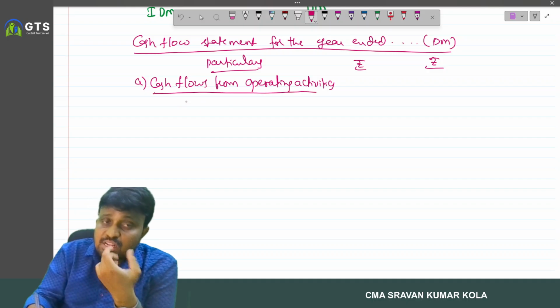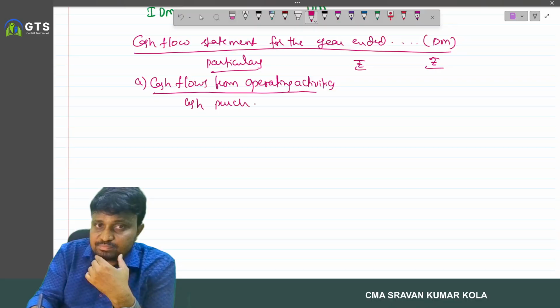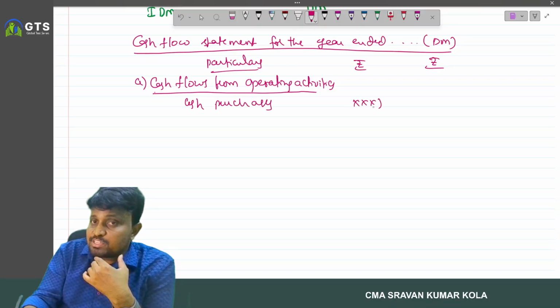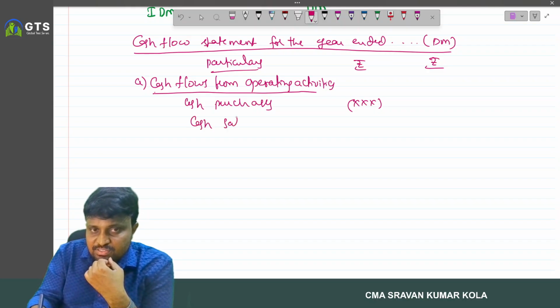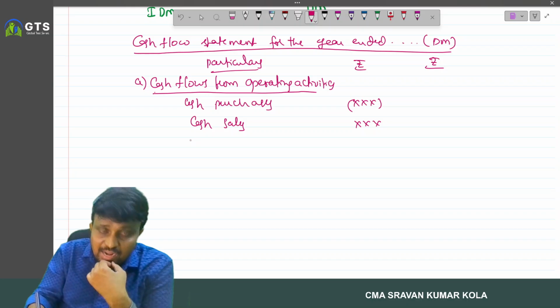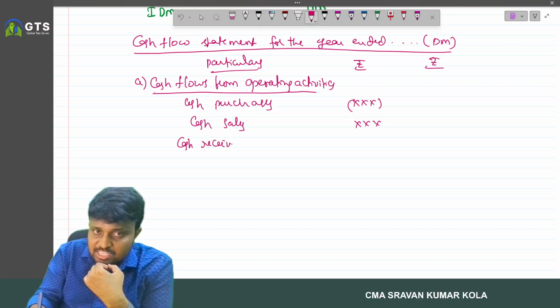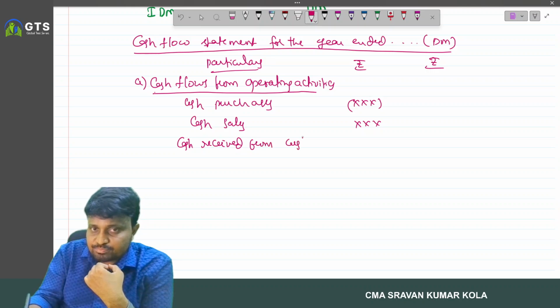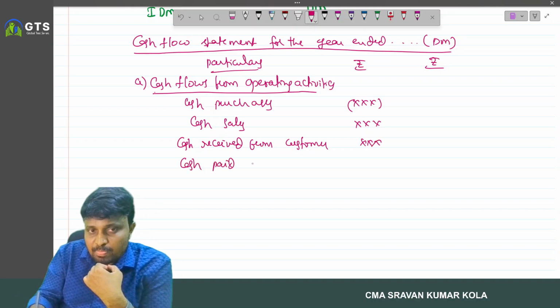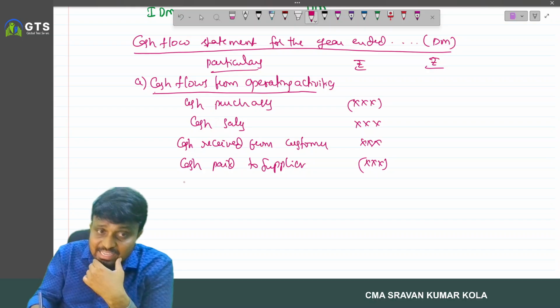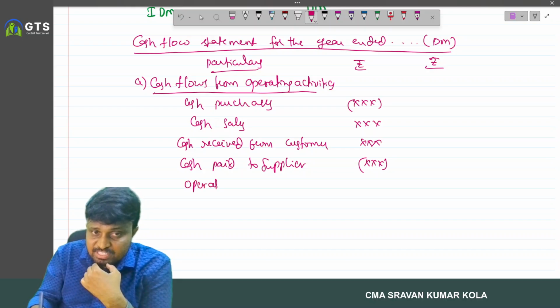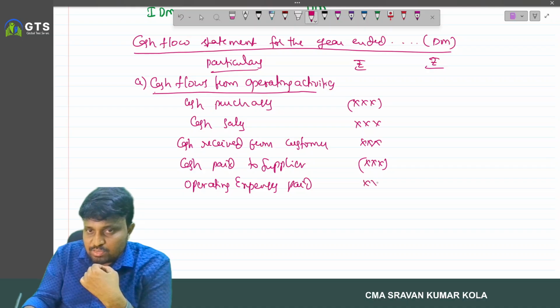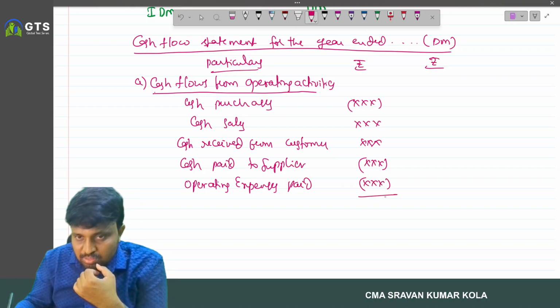What are the cash flows we have? Like cash purchases. Cash purchases is an outflow, and cash sales is an inflow, and cash received from customers is an inflow, and cash paid to suppliers is an outflow, and any operating expenses paid is an outflow.